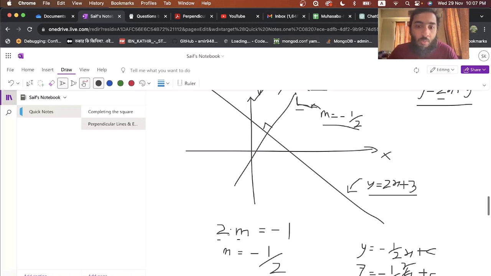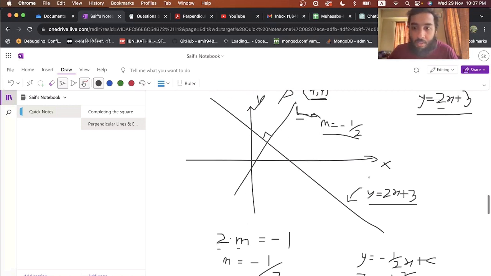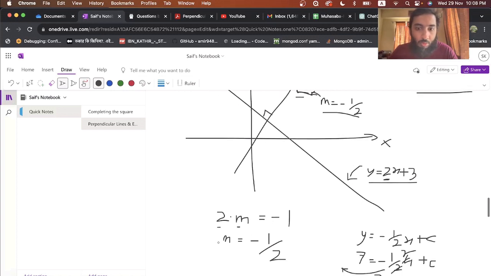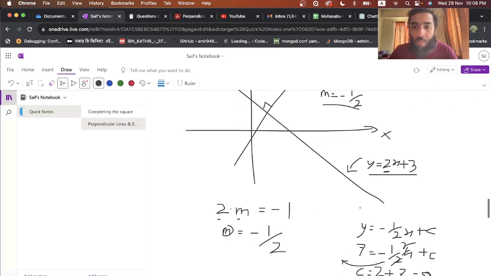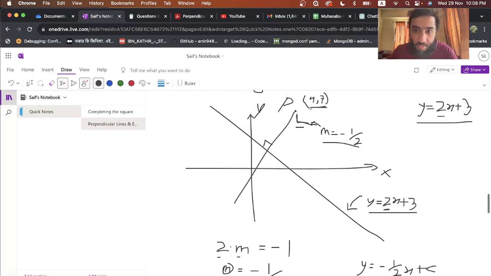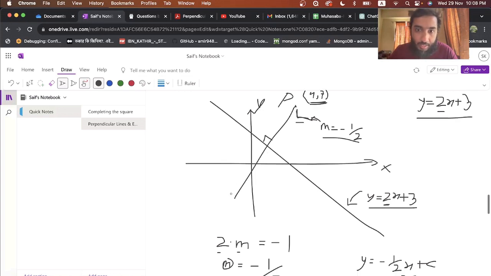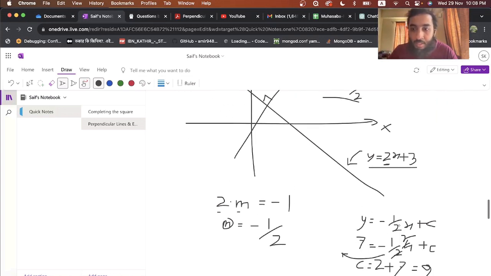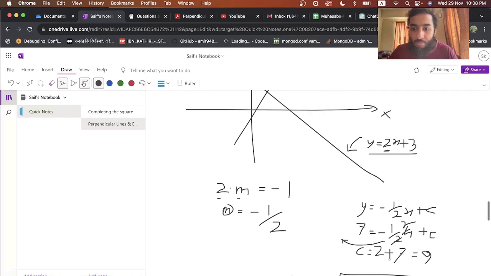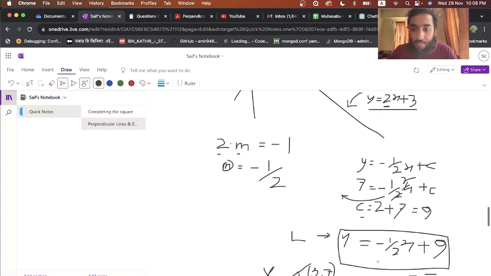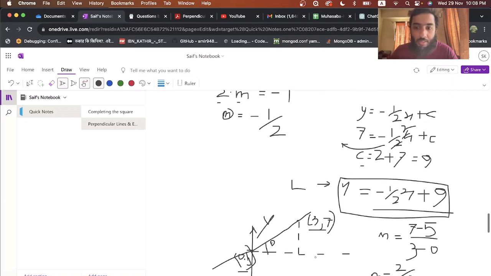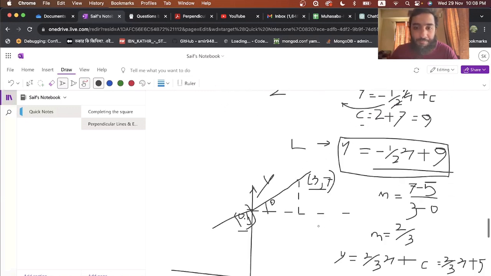We know one slope because the equation is given, the slope is 2, and we have to figure out the slope of L. Their multiplication is -1, so we figure out the value of the slope of L. Now we knew this point that line L went through, so we use the values of x and y to figure out c, and we figure out the equation, which is y equals -12 x plus 9.